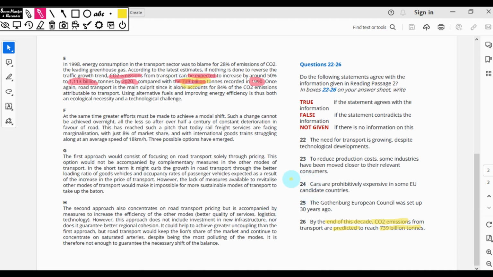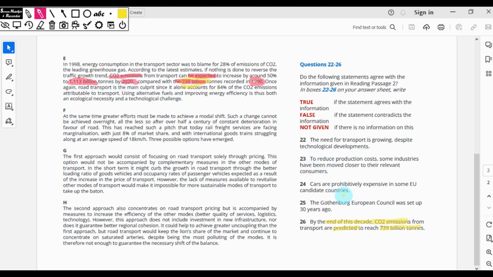The question says that by the end of this decade, CO2 emission from transport was predicted to reach 739 billion tons. But the passage says CO2 emission can be expected to reach 1113 billion tons.